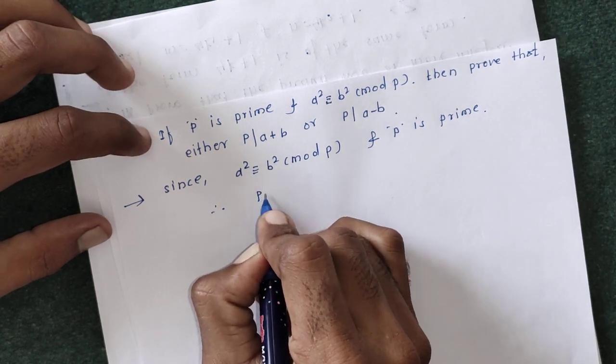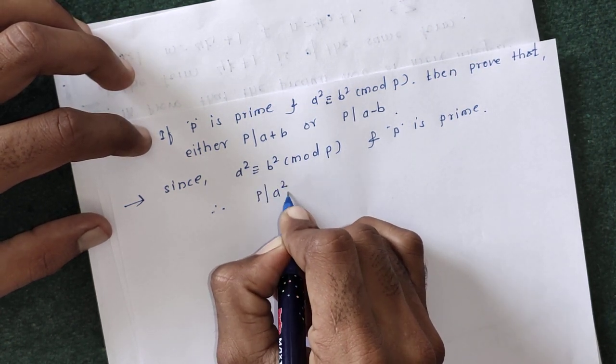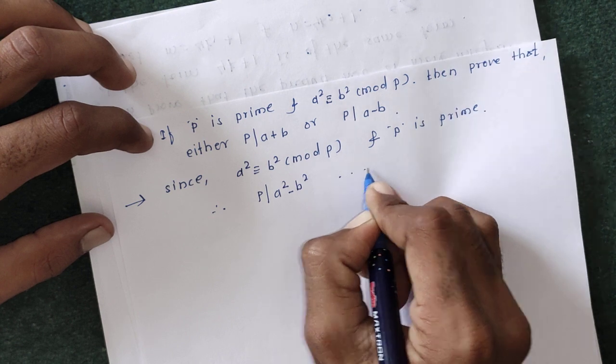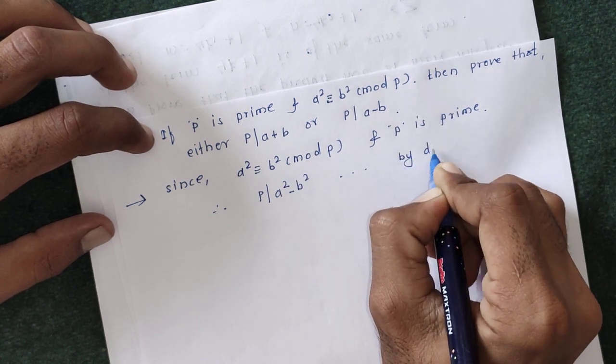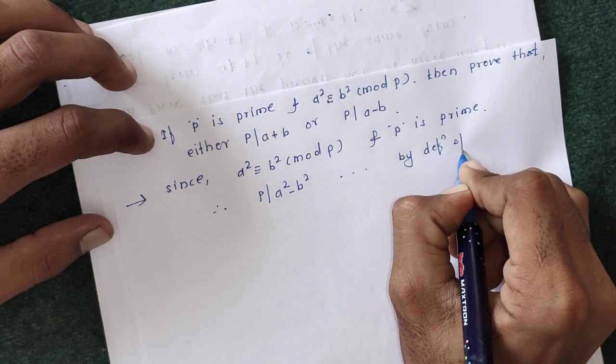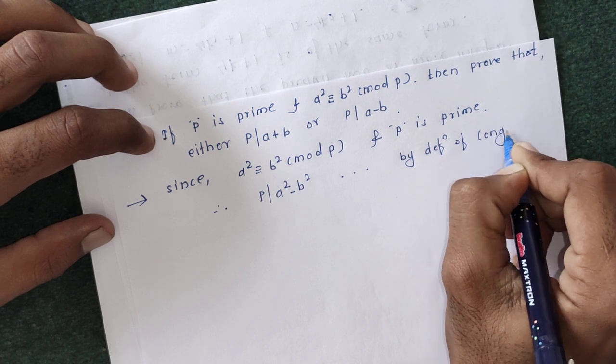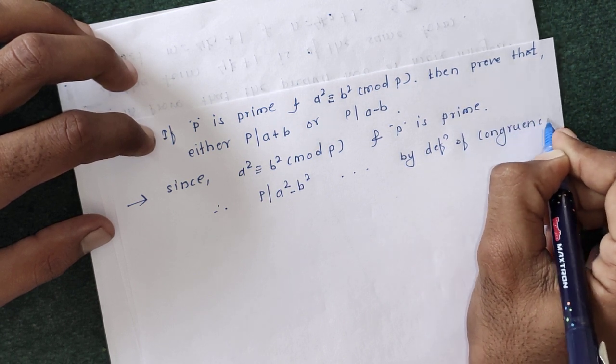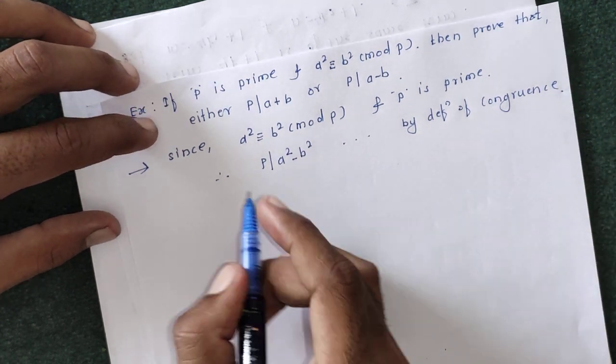Therefore p divides a square minus b square, by definition of congruence.